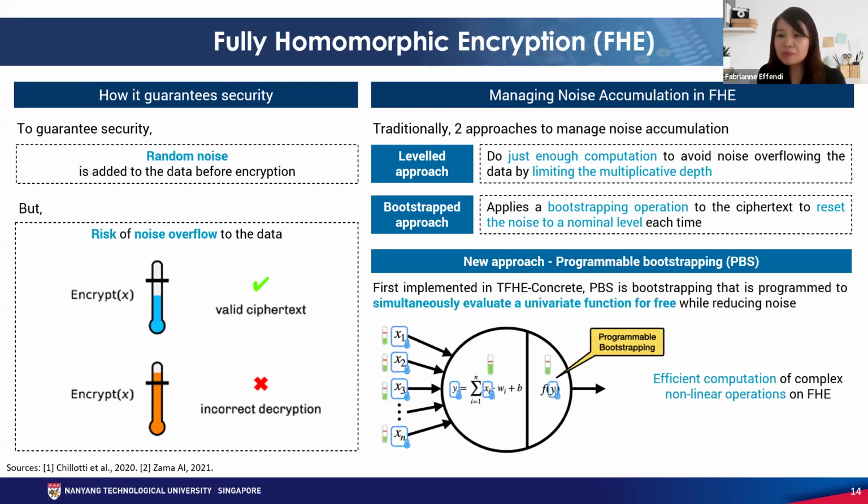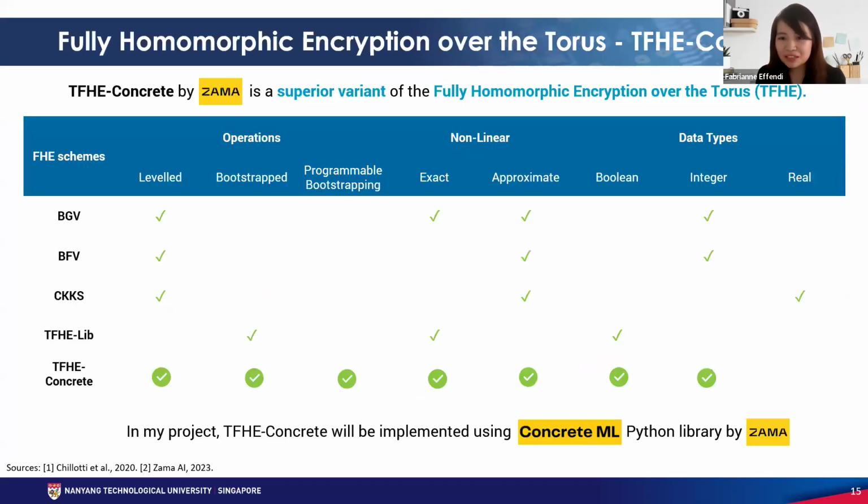Now, programmable bootstrapping pushes these frontiers of bootstrapping. It was first implemented in TFHE Concrete by Chillotti et al. It is programmed to simultaneously evaluate a univariate function for free while reducing noise. And this allows for efficient computation of complex nonlinear operations on FHE.